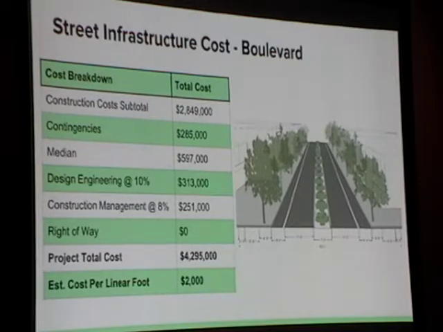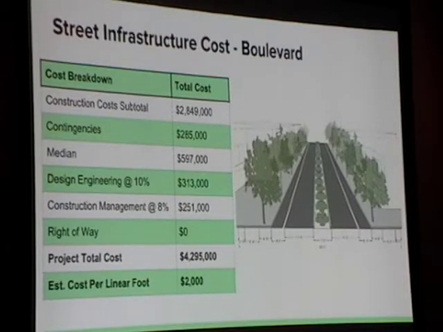We picked this case study because it had similar weather conditions to Washington and adapted our numbers based on their cost comparisons, and this was the $597,000 estimated cost that we got. Design engineering at 10% was $313,000. Construction management at 8% was $251,000. And once again, we are assuming the right of way is $0. This brings the total project cost to $4,295,000, making the estimated cost per linear foot $2,000.